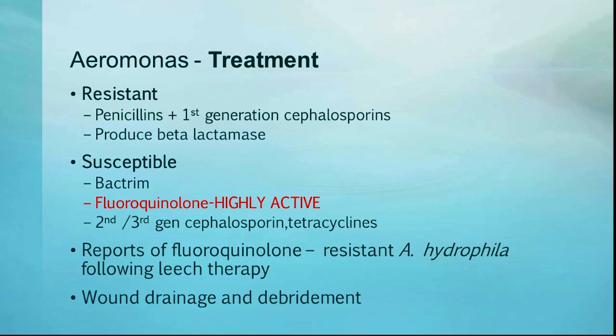They're highly active to fluoroquinolones, and as a matter of fact, some patients who do medicinal leech therapy are given fluoroquinolone prophylaxis just to prevent Aeromonas wound infections. And they are seeing a lot of fluoroquinolone resistance following leech therapy, probably because they're using it a lot to prevent that.